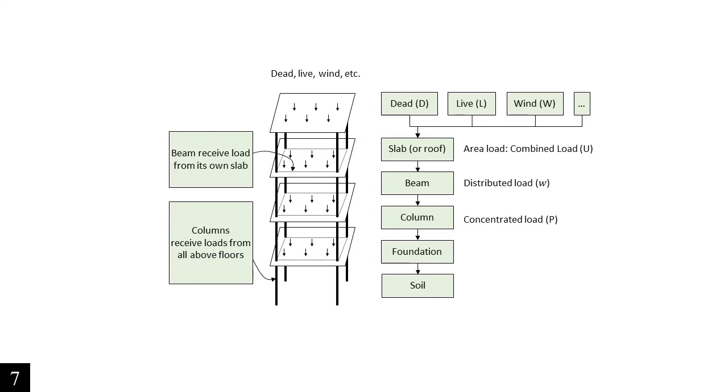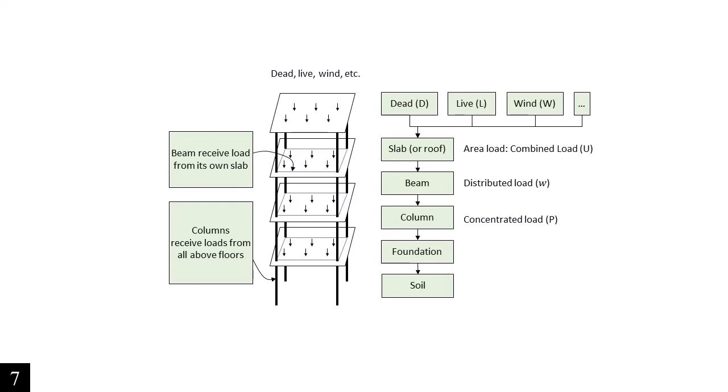The concept of this one is similar to the previous slide. However, there is one very important thing I want you to pay attention to over here. The beam will receive the load from its own slab. So for example, the beam on the third floor over here will receive only the load from people working on the third floor. It doesn't have anything to do with the fourth floor or the second floor.